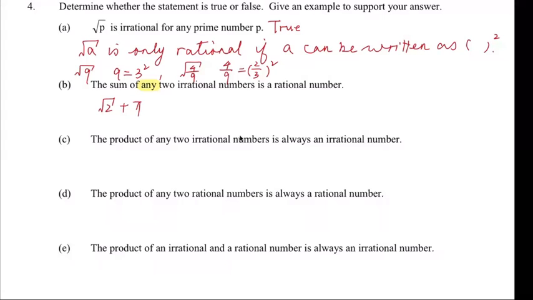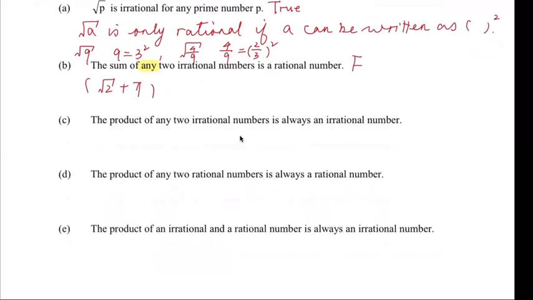Pi is also irrational. And this number is irrational, right? So the statement is clearly false, because it says the sum of any 2 irrational numbers is a rational number. So this is false.